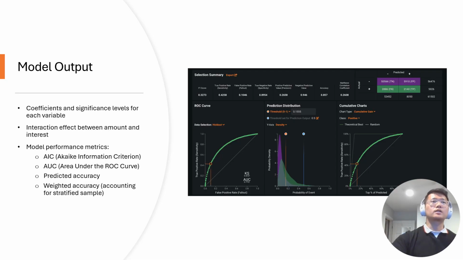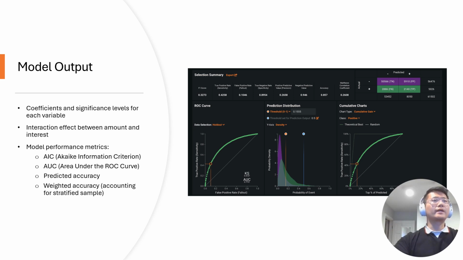All right, so here is the model output. As I said, I don't like Excel at all. Excel is so slow, it has its own limitations in different ways, and it's not scalable. Anyways, here we're looking at the predicting power curve. We have coefficients and significance levels for each variable.